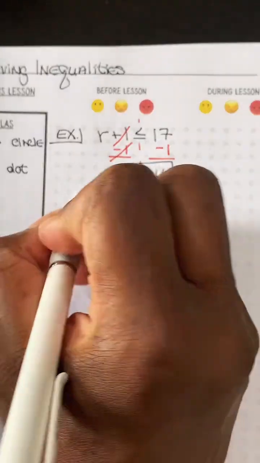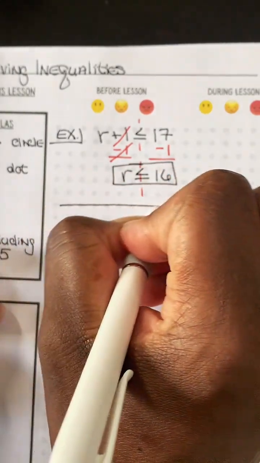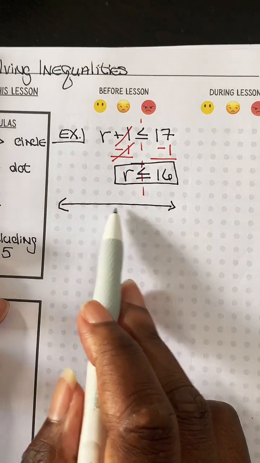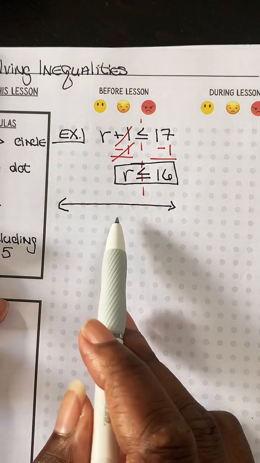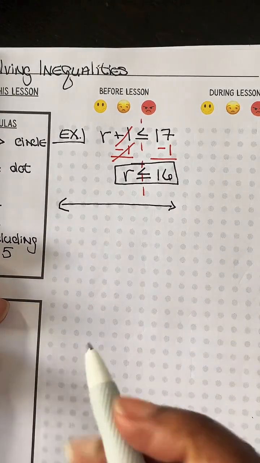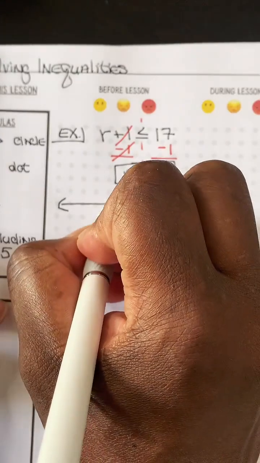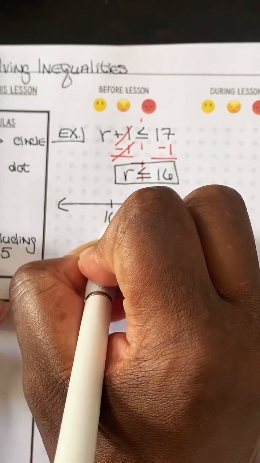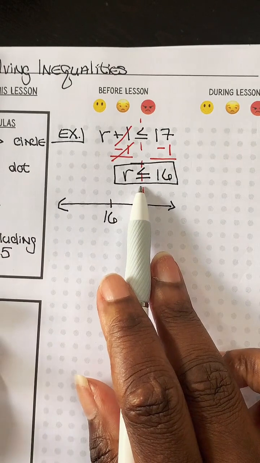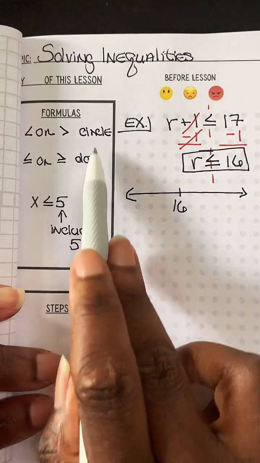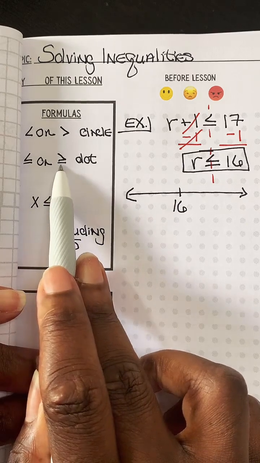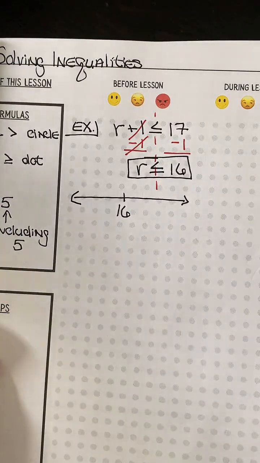So now let's graph it. Just a single little number line. You do not have to write the whole number line from 0 to positive 16 and then to negative 6. Just go in the middle. Put your 16 down. Since it's less than or equal to, remember, it's either a circle or a dot. If it has that equal to, it's going to be a dot.